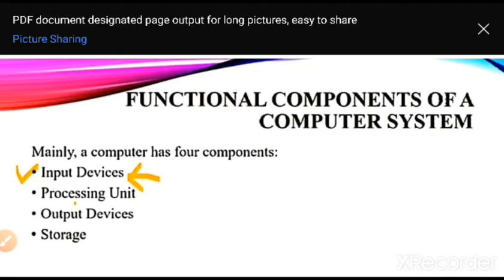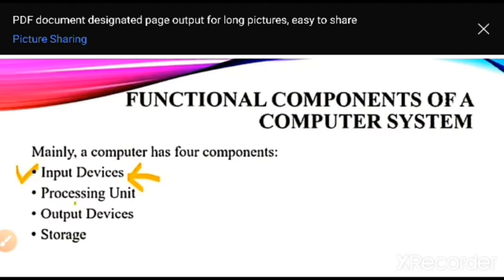Every time these components have to work, and if any component does not work, then we cannot use the computer. It means all parts are necessary for your computer: input devices, processing unit, output devices, and storage unit.